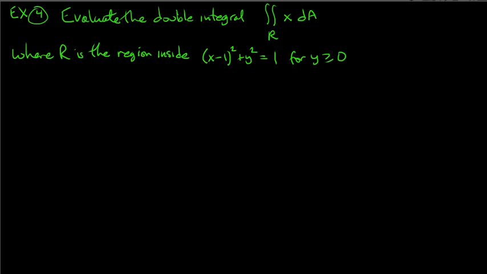Okay, we want to evaluate the double integral of x dA over the region R. R is the region inside the circle (x minus 1) squared plus y squared equals 1, for y greater than or equal to 0. So I think the first thing we should do, of course, is graph the region.